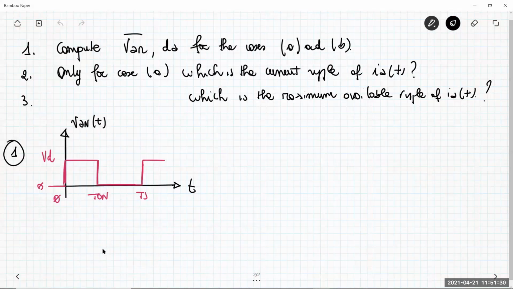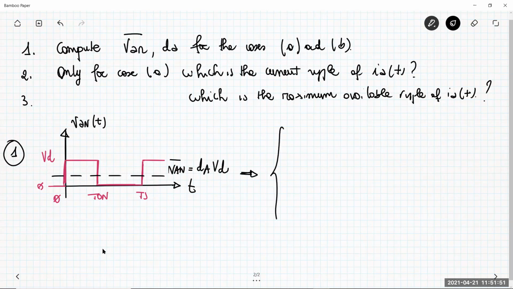The average value of this quantity is, for example, at this level, and the average value is always due to the product of the duty cycle multiplied by VD. You can decompose this quantity into the summation of two different quantities.